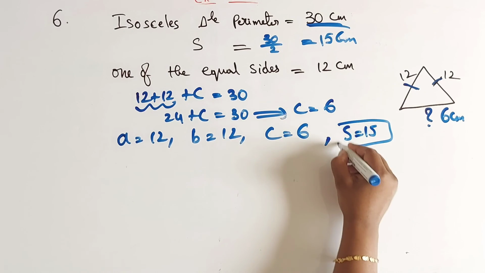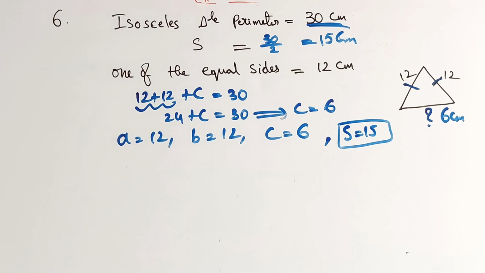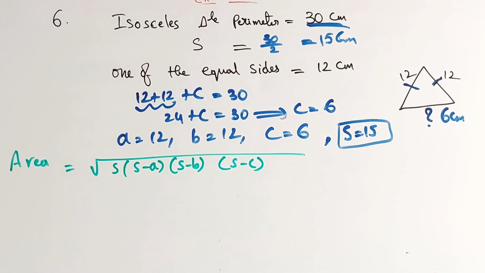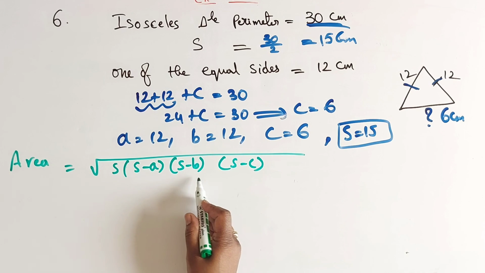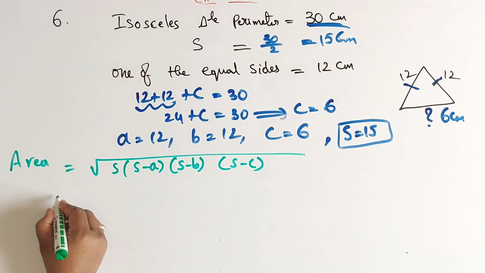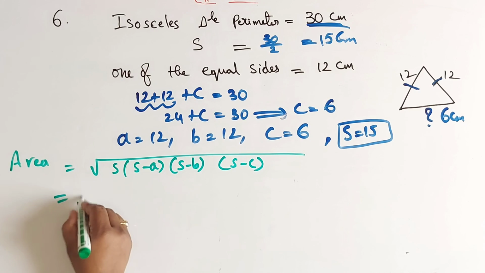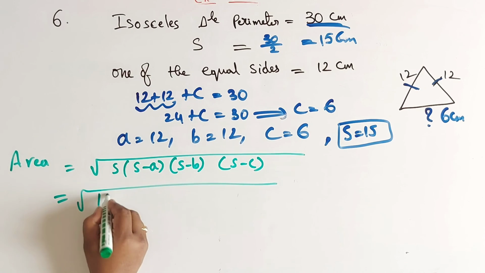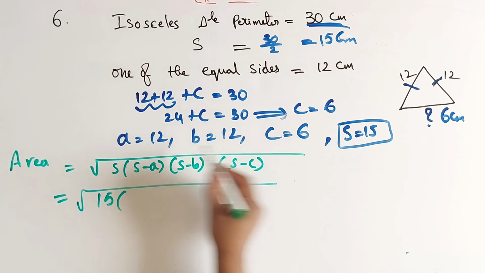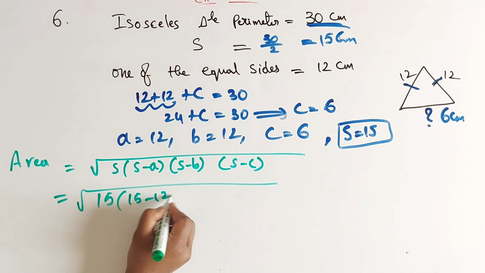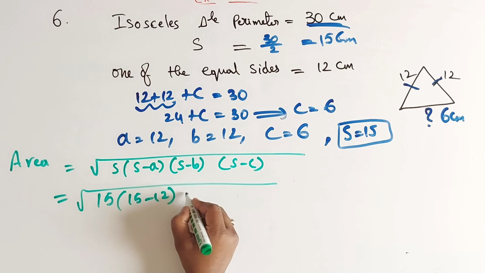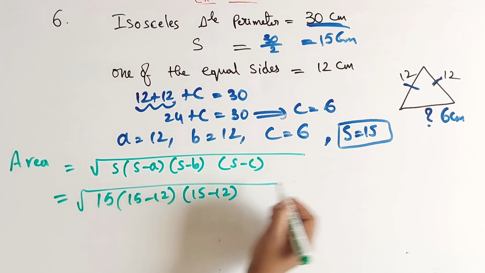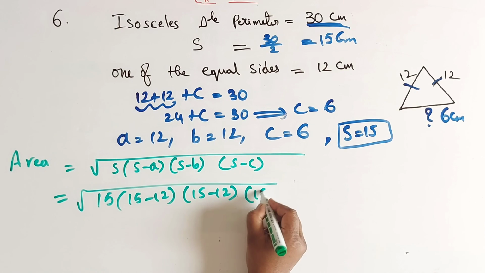Now find out the area by using Heron's formula. Area of a triangle equal to root of S into S minus A into S minus B into S minus C. Just substitute the values here. Root of S means 15 here. S minus A 15 minus 12 and S minus B 15 minus 12 again. S minus C, 15 minus 6 here.